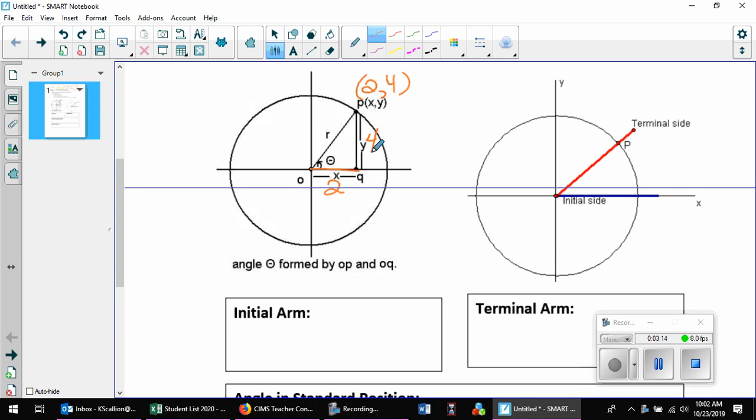So the height of our triangle would be 4. Now, how would I find the hypotenuse of this one? I use Pythagorean because I have no angles at this point. I jump right to Pythagorean because this is a 90-degree angle here. So for funsies, let's just do that. We've got 2 squared plus 4 squared equals c squared. So 4 plus 16 is 20, so c squared is 20, and c is going to be the root of 20.